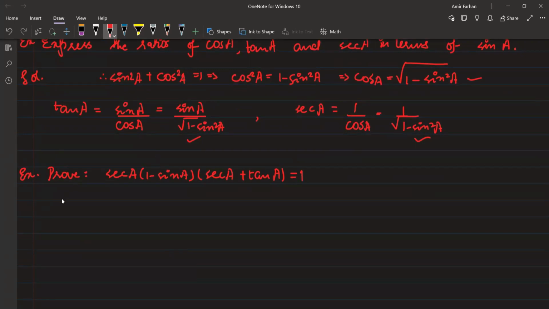Let's take the LHS. We have to prove that LHS equals RHS. So sec A (1 minus sin A)(sec A plus tan A).